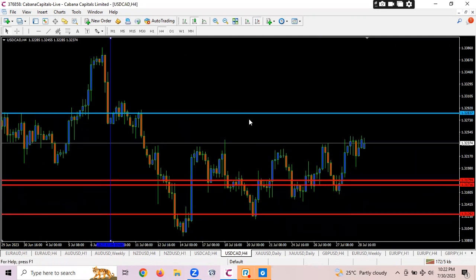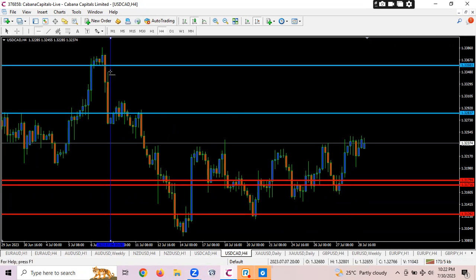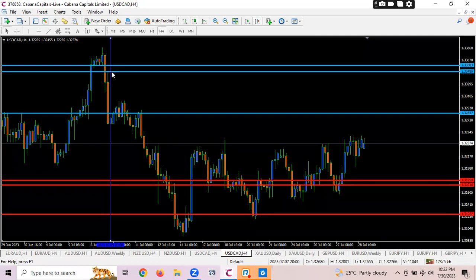Okay, this is 4 hour. You can see at this point, it will also pull back to this level. We have a fair value gap here, for those who trade with ICT concept or smart money concept. So it's likely USD CAD would aim for this FVG, fair value gap, before it starts selling.